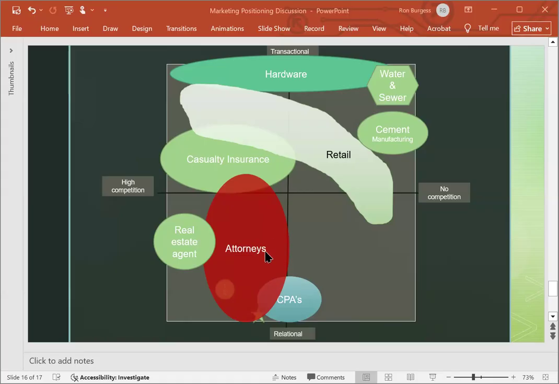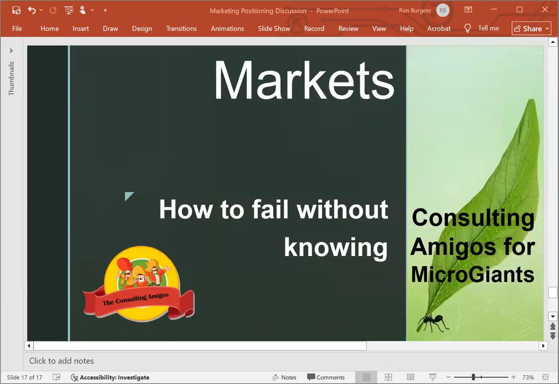When you talk about casualty insurance, for the most part, there's a whole lot of competition there. Relationships are somewhat important, so they're in the middle. But if you're selling life insurance, that would be way down here because while there's a lot of competition, the relational part of that is important. So that just gives you an idea of the overall mix. That's a real quick look at different markets and what that really means.